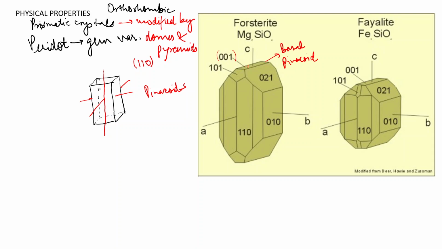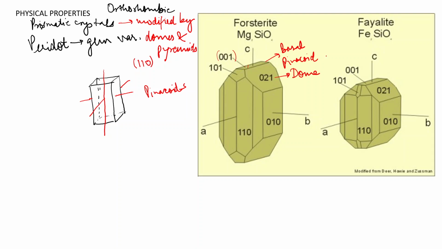Look at this 021 face. What does this suggest? It runs parallel to the a-axis, intersects the b-axis at half the unit distance and the c-axis at double the unit distance. So if we convert it, it becomes 021. But what is this face? 021 is a dome face.